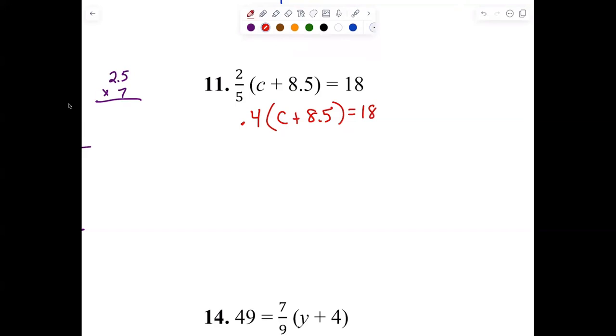No, you have to distribute. You have to distribute first. Distribute first. 0.4 C. Mm-hmm. Now you got to do 4 times 85 and move the decimal twice.